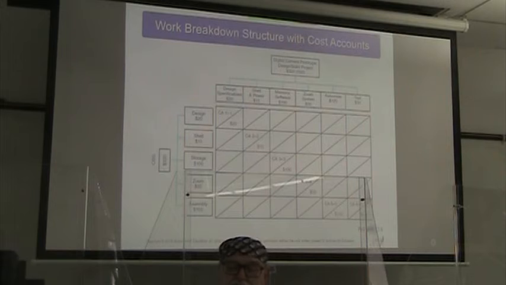Each of our work packages has a certain budget that has been assigned to it. Our organization breakdown structure also has 5 different organizational units, and they each have a certain amount of money that is assigned to them.